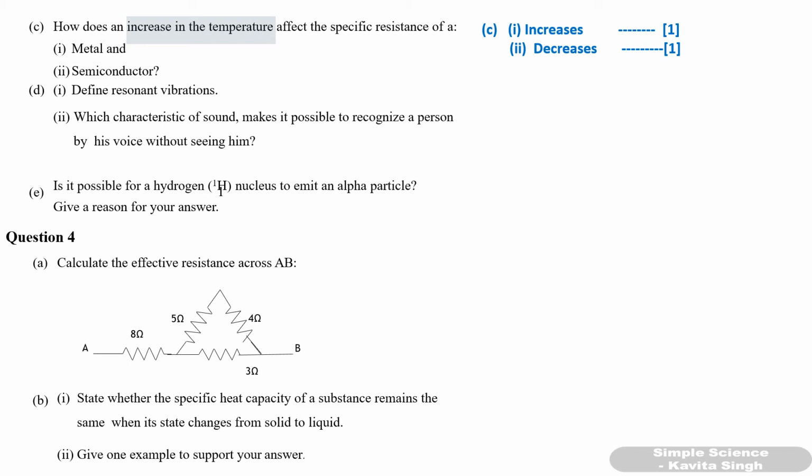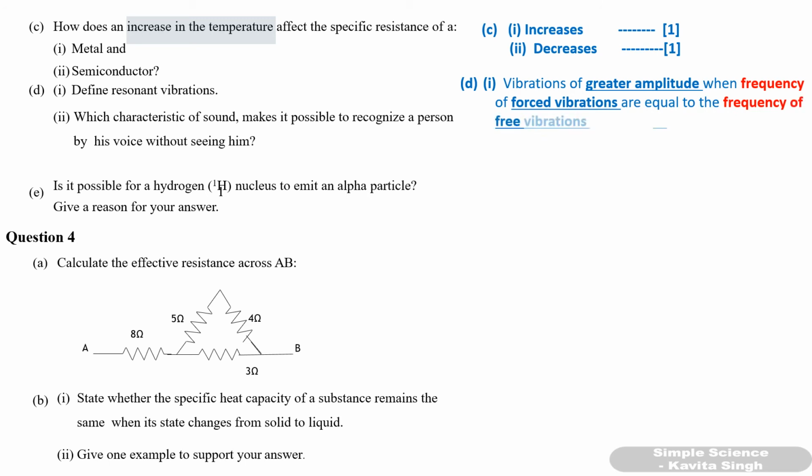Okay, define resonant vibrations. Which characteristic of sound makes it possible to recognize a person by his voice without seeing him? That is nothing but quality. Okay, now first let me define resonant vibrations. So resonant vibrations are vibrations of greater amplitude when frequency of forced vibrations are equal to the frequency of free vibrations.